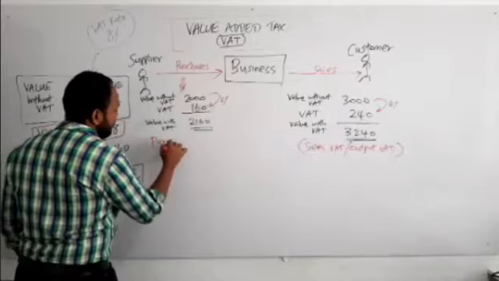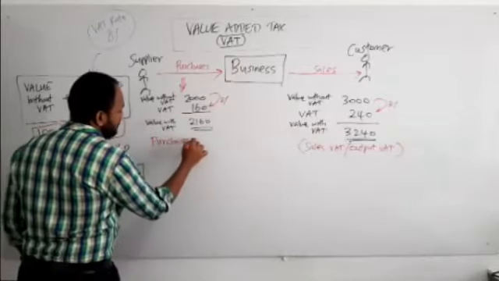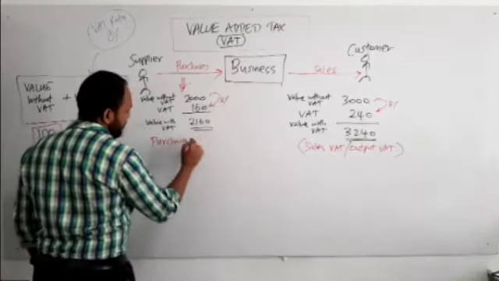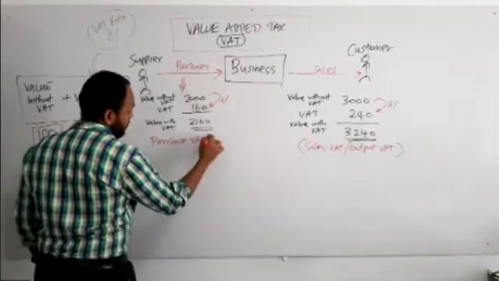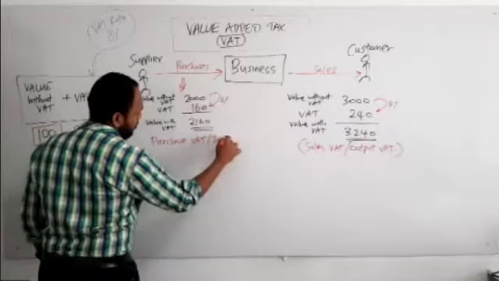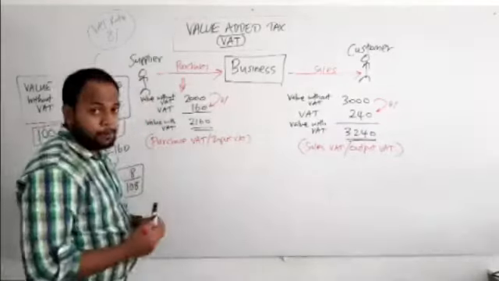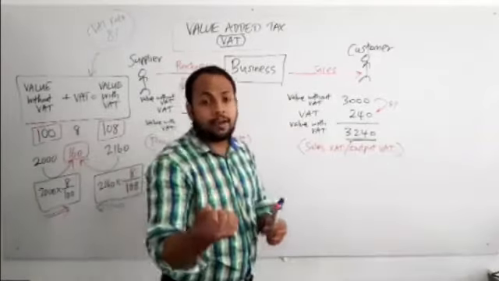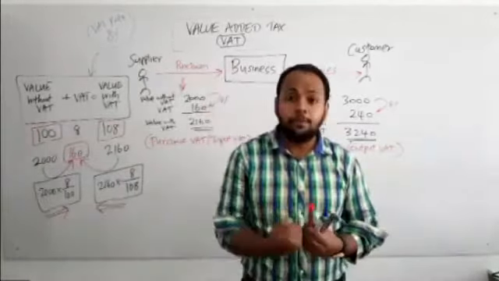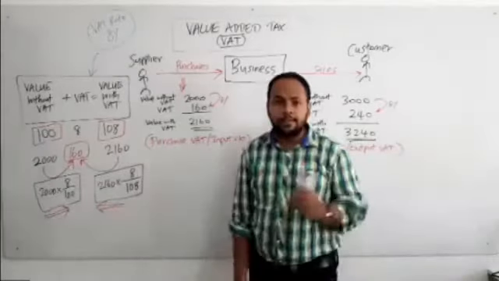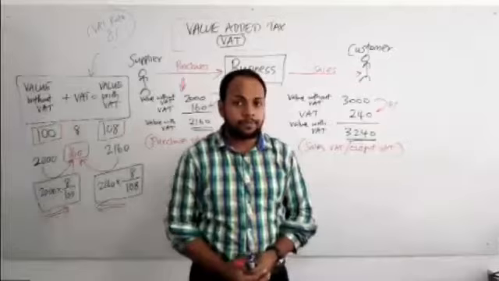We call it purchases VAT, or input VAT. What we purchase is our material, our input. That is why this is input VAT and this is output VAT.